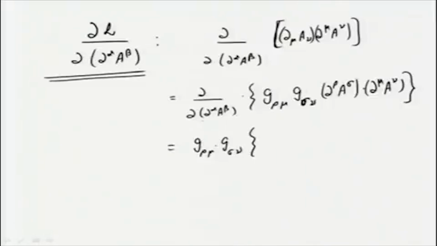So, we do not have this affected by the differentiation, but the other one will give you a delta of ρα and delta of σβ and ∂_μ A_ν as it is, plus you have delta of μα, delta of νβ and ∂_ρ A_σ.